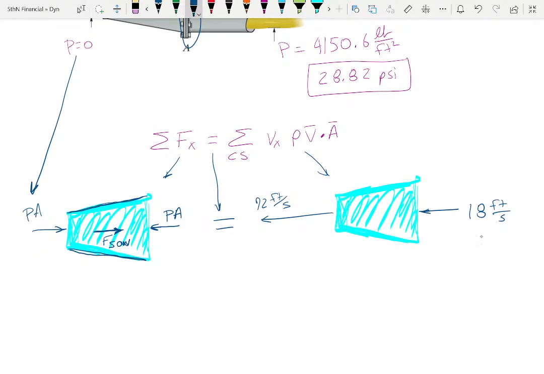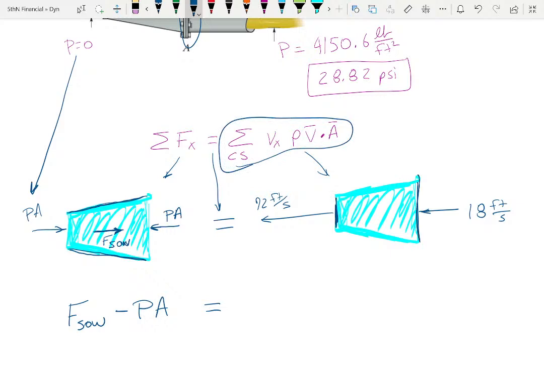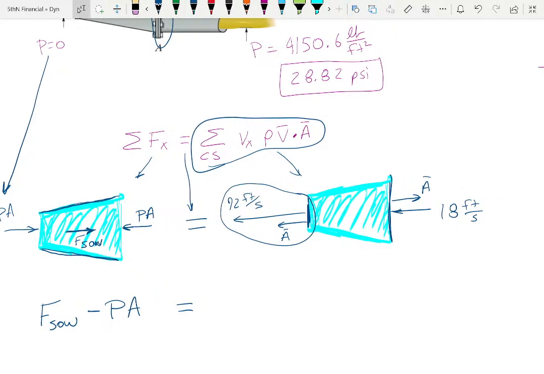So on the left side, you got the force of the steel on the water minus the pressure times the area equal to, and all you do is look across these control surfaces. You have an exit here and an entrance here. You have an area pointing out this way, and an area pointing out that way. On this one, they're going together, and this is where there's a lot of bookkeeping that takes place. Here's the bookkeeping.